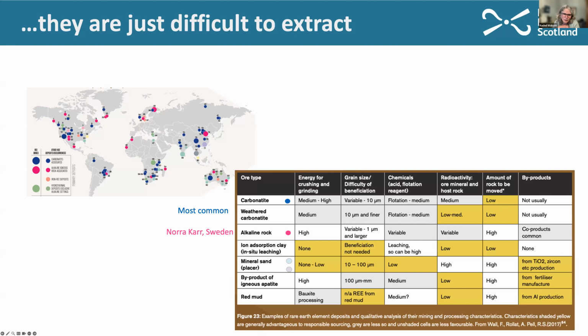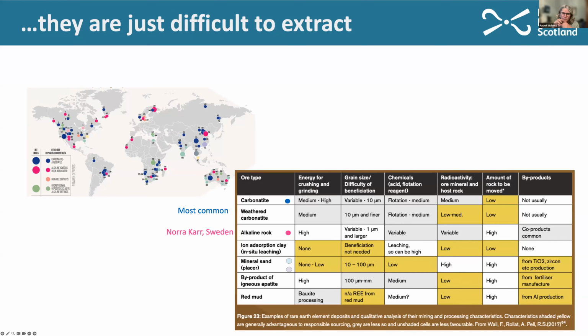And this plot here shows, with the different colors, the different sources of rocks. Some of them are in sediments, some of them are in igneous rocks, some of them are in muds, and each source of rare earths needs a different kind of chemistry to extract it, to get the different ones. You don't need to look at the plot in detail, but the yellow areas are good, low impact extraction processes, whereas the white ones have a huge environmental impact.